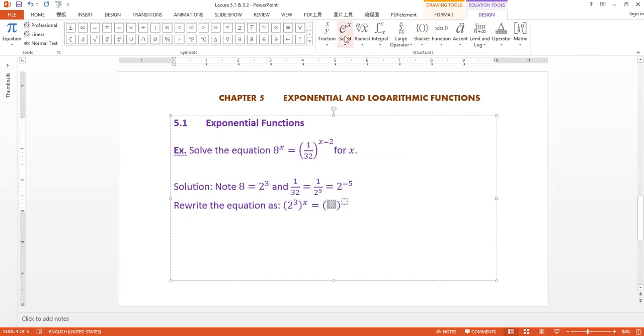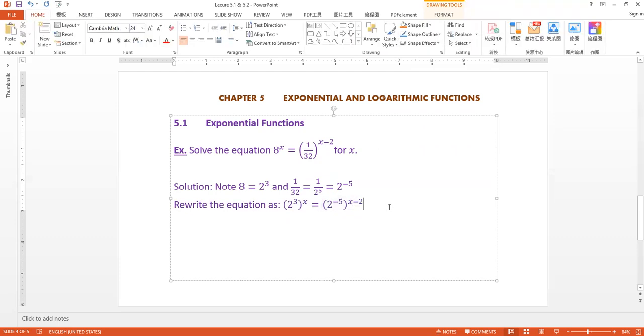Okay, so let's just do that first. So that's 2 to the negative 5 to the x minus 2 on the right side. And then we can use the properties of exponents. When you take a power of an exponential, you just multiply exponents.